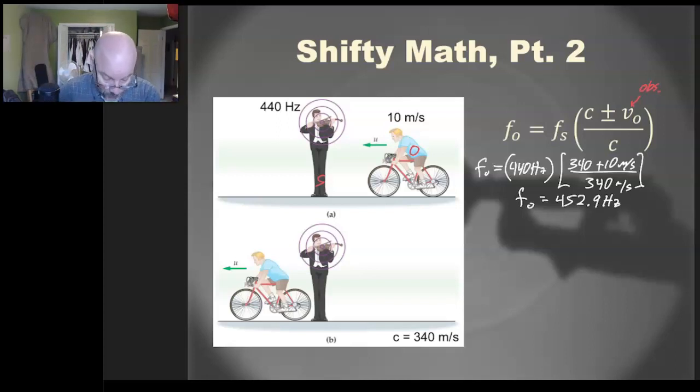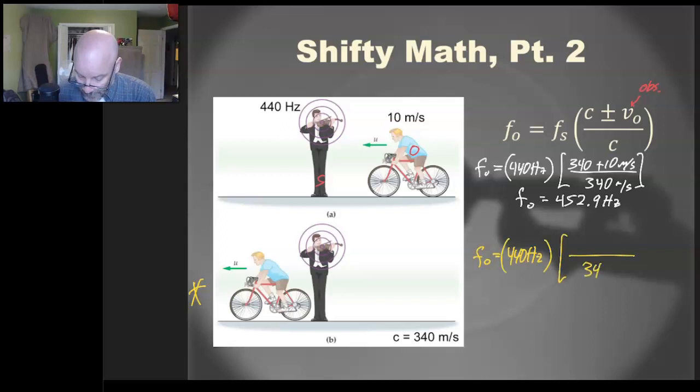Now, once the kid's on the other side, in this scenario at the bottom here, we know that the pitch has to go down, so we need the ratio to decrease, to be less than 1. So in that case, we have the frequency, we still have the 340 on the bottom, but now we're going to go 340 minus 10.